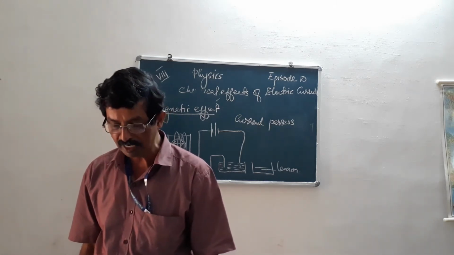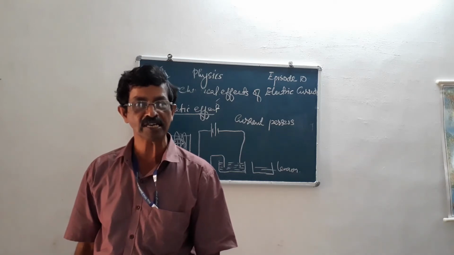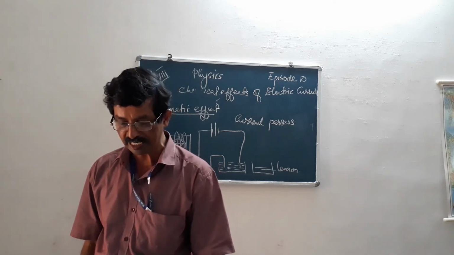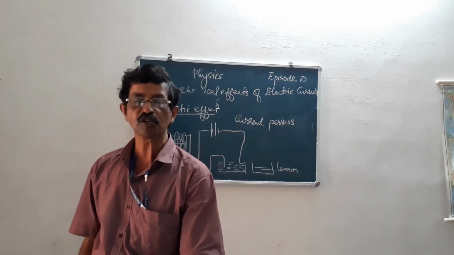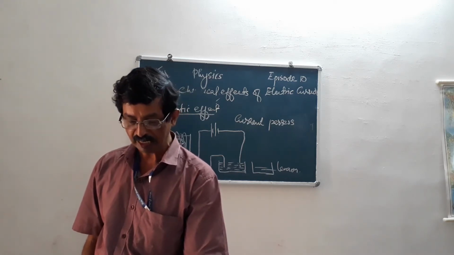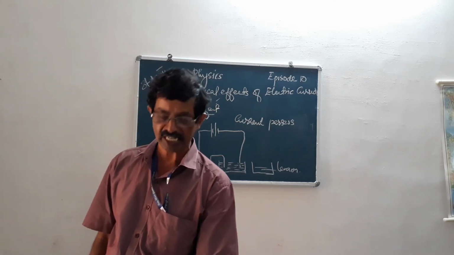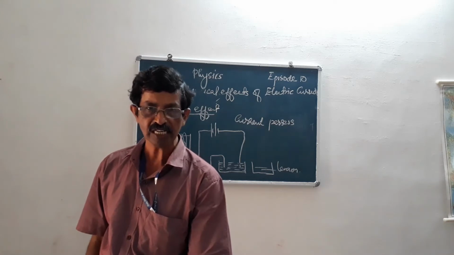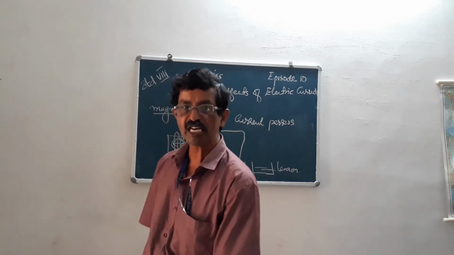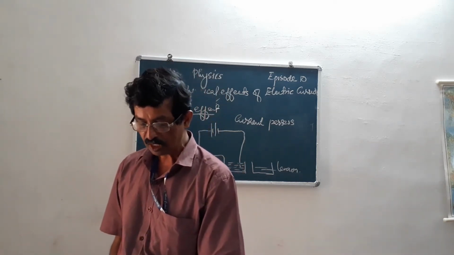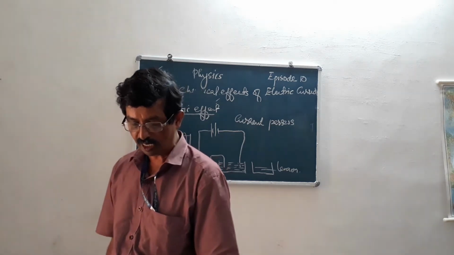The first one, lemon juice: the compass needle deflects, so it is a good conductor. Vinegar: when the free end of the tester dips in vinegar, we can observe there is a deflection, so it is also a good conductor.